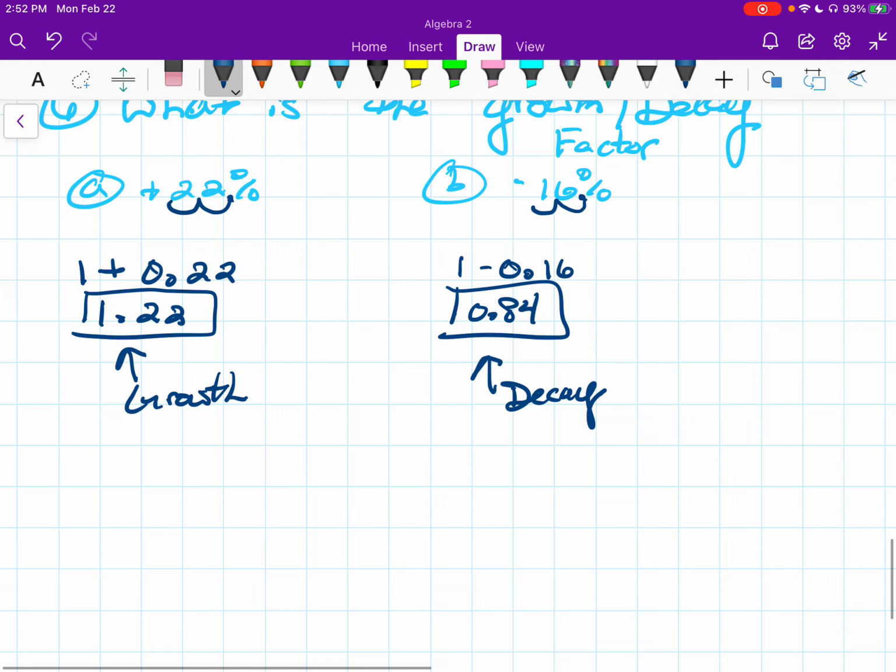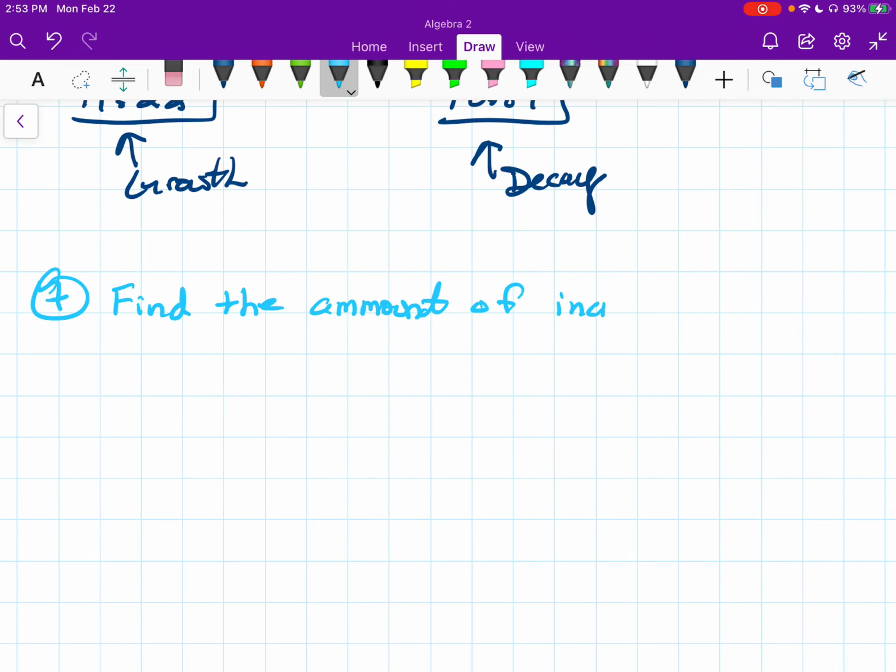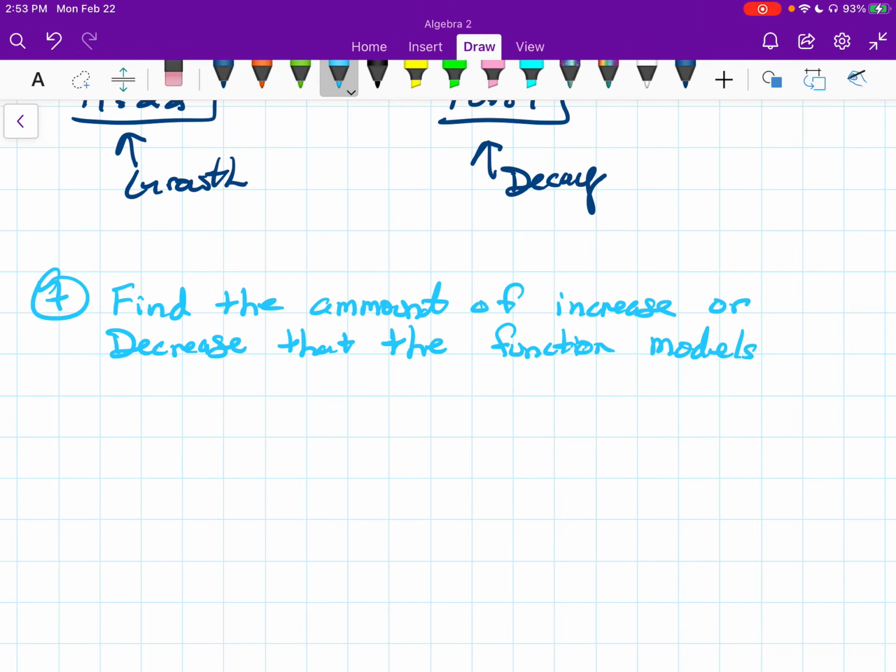Let's look at number 7. We're going to say find the amount of increase or decrease that the function models.